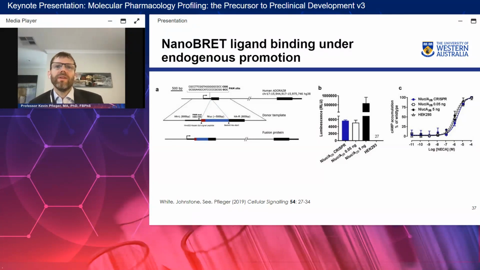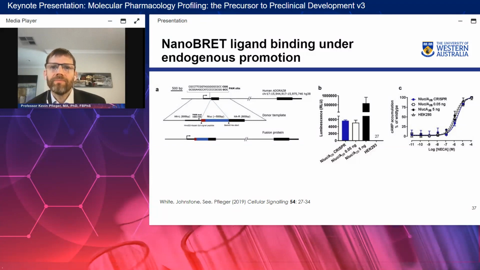The Nluc ligand binding assay. Here we have the actual illustration in panel A, where we've put that Nluc in front of the A2B receptor. If you look at the graph in panel B, we have very, very low luminescence with the Nluc-labeled A2B.